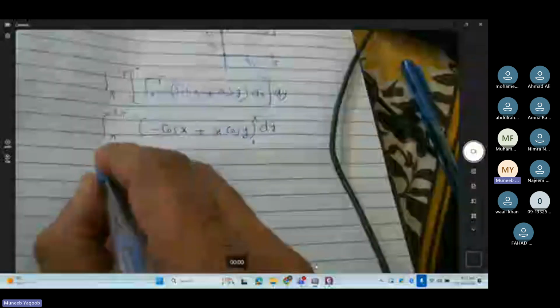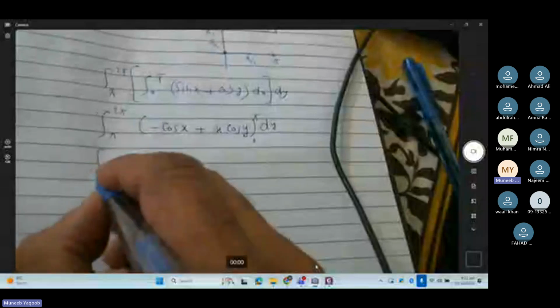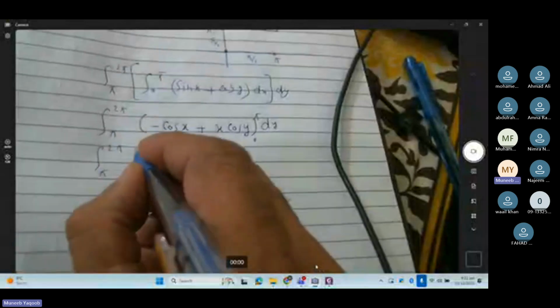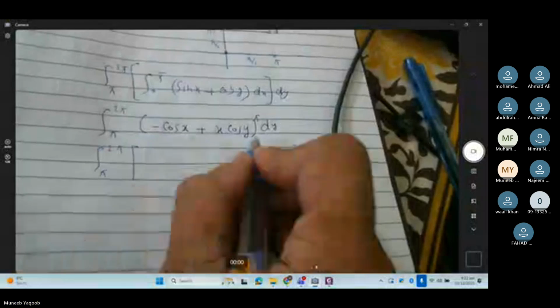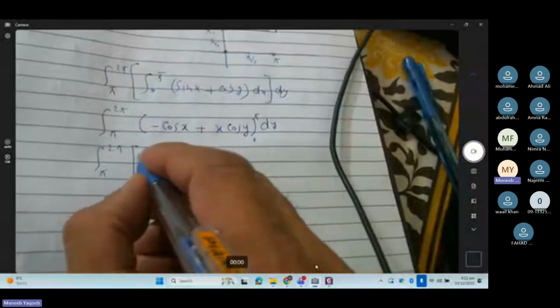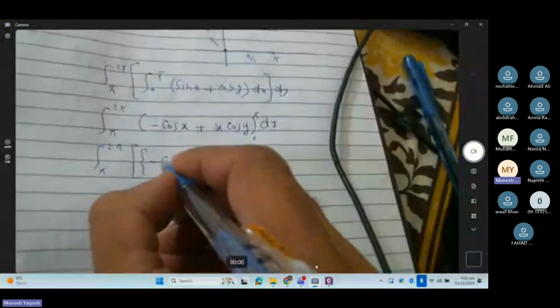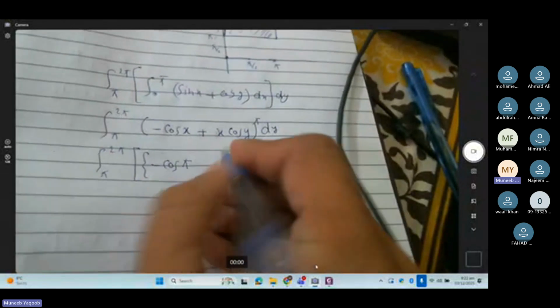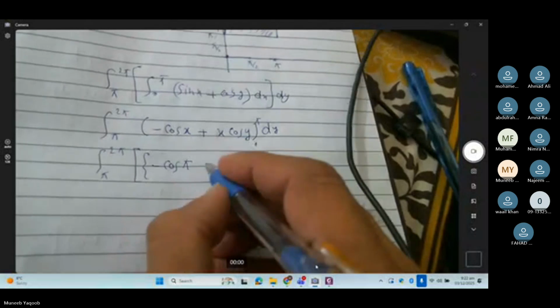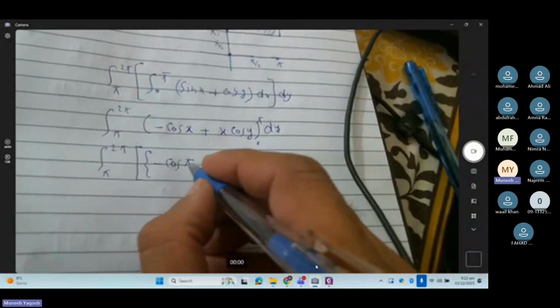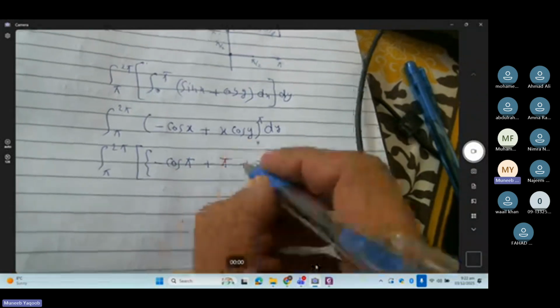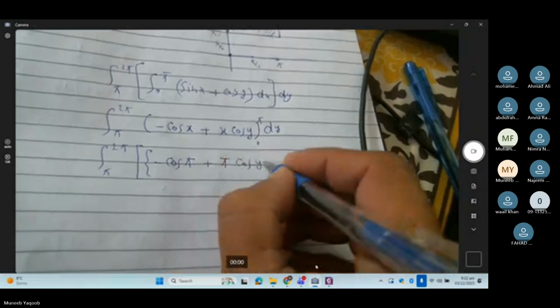Okay. Now we will apply the limits of x. And again, if we are applying the limits of x, it will be implemented on x variable. So it will become minus cos of pi plus pi times cos of y.